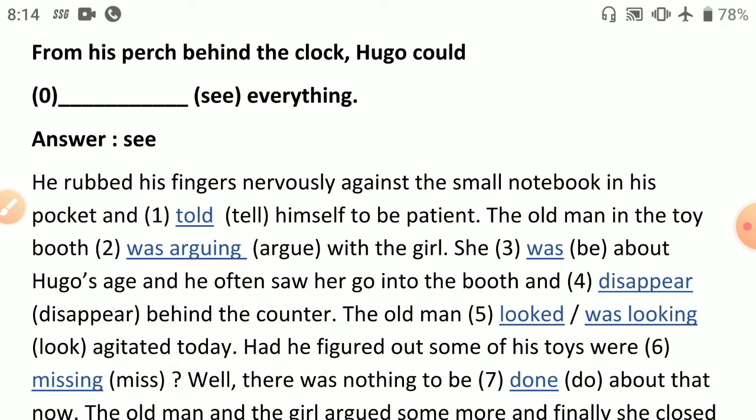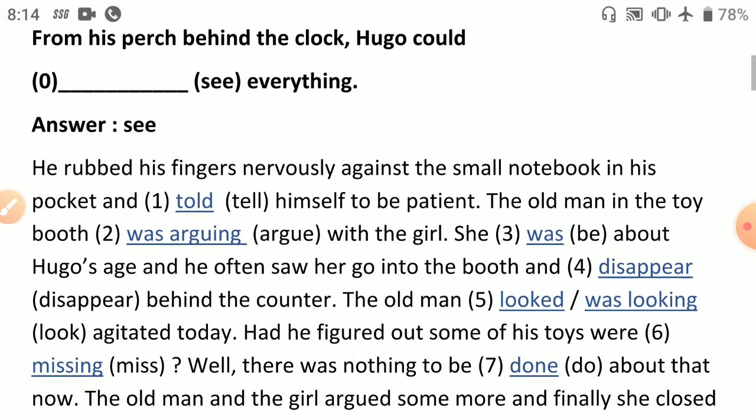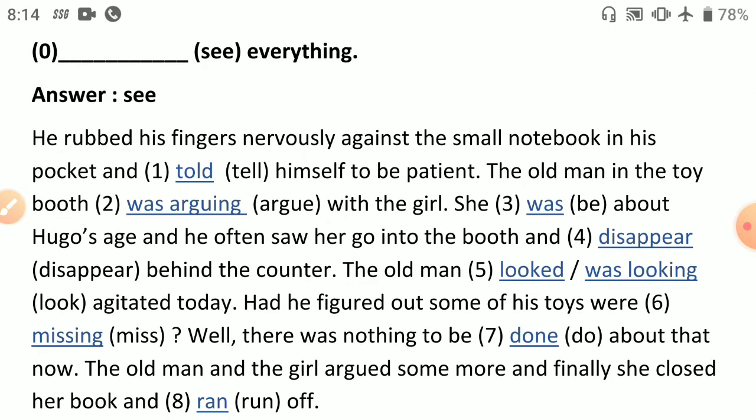He rubbed, that is also an indication the passage is in past tense. He rubbed his fingers nervously against the small notebook in his pocket and told himself to be patient. The old man in the toy booth was arguing with the girl. She was Beaver. She was about Hugo's age, and he often saw her go into the booth and disappear behind the counter.